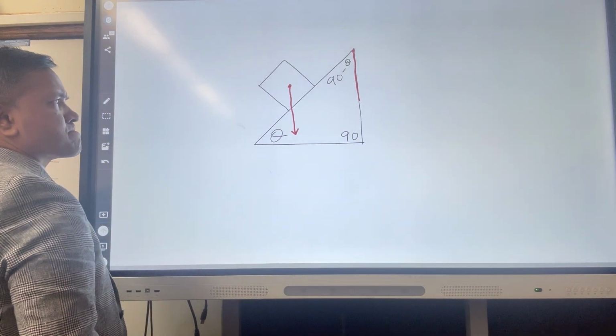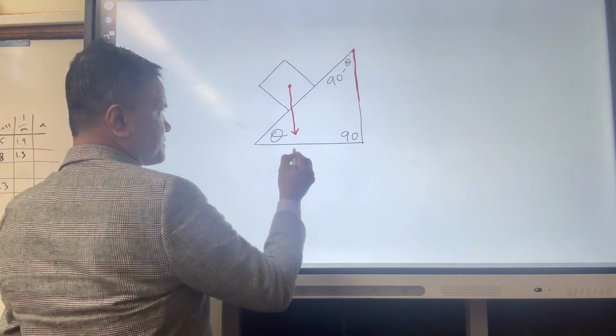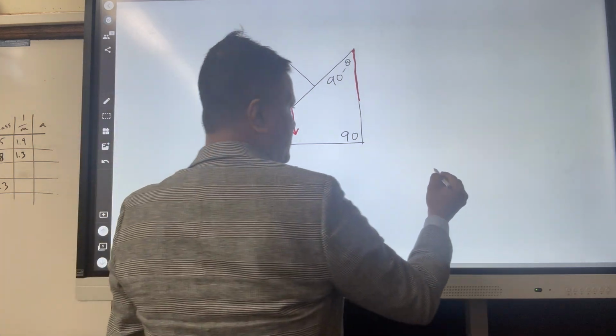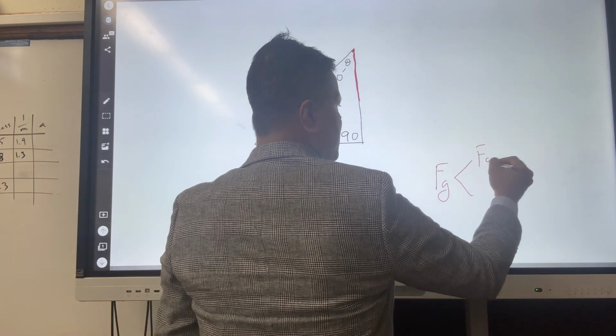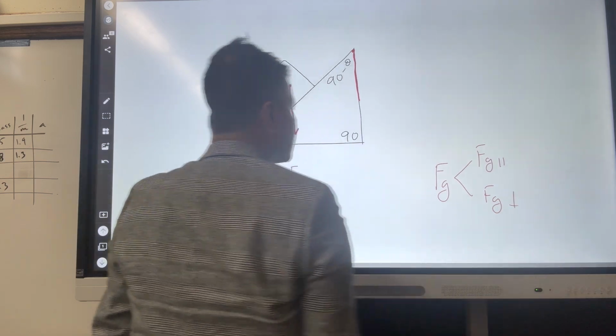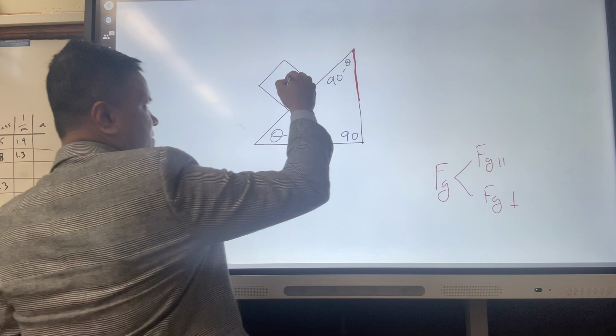Okay. We're going to name it. This one is FG, the gravity. And you're going to realize that the gravity has two components, FG parallel and FG perpendicular. If this is the case, then let's draw this one.